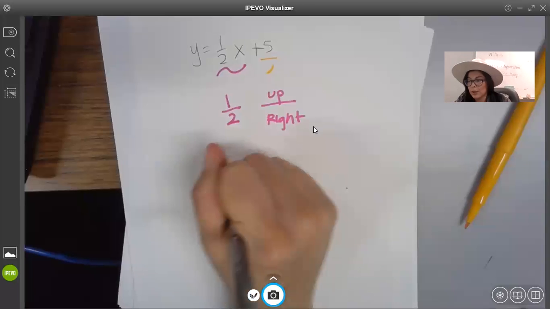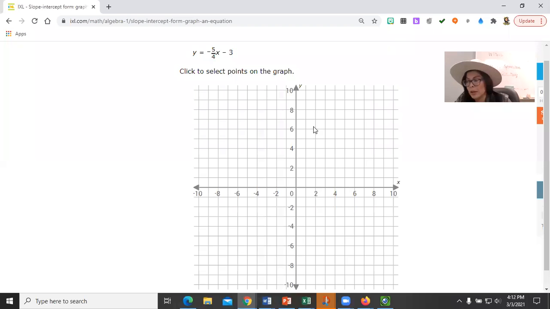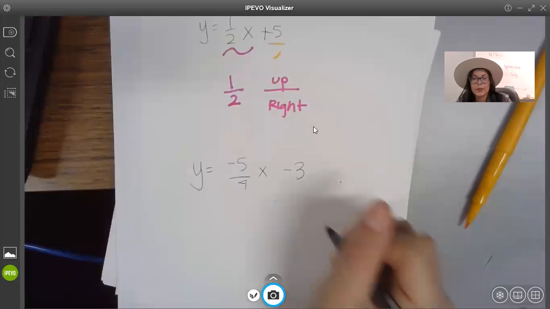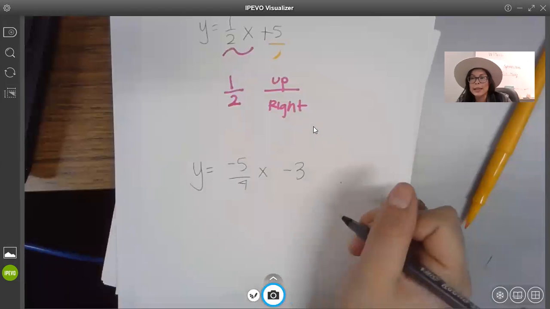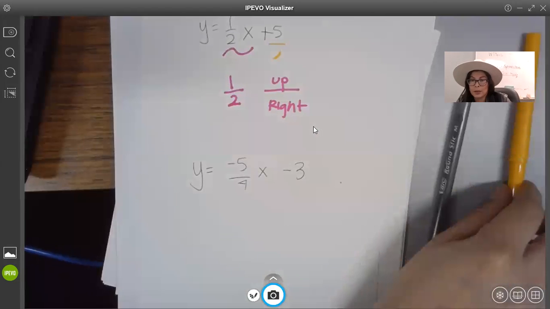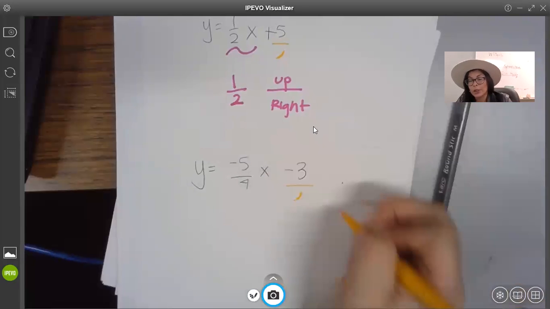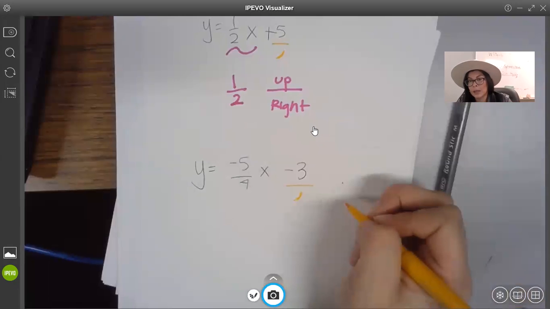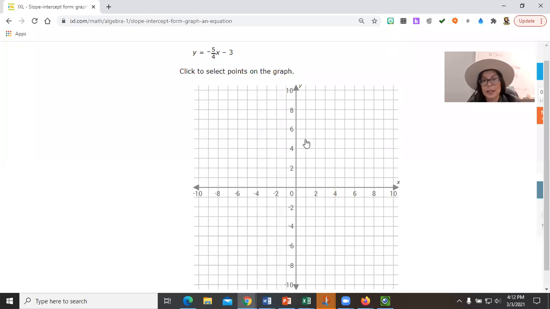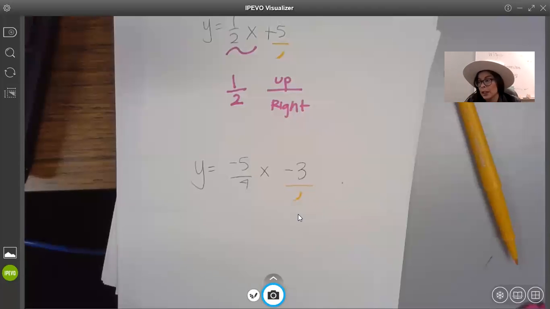All right, this one. y equals negative 5 over 4 x minus 3. So what's the first thing? What is the y-intercept? The y-intercept is the negative 3. Where does the y-intercept go? It goes on the y-axis. Here's negative 3. Is that where my point goes? No, it goes on the y-axis, the one up and down. Then that's the first thing, the y-intercept. The second thing is my slope.